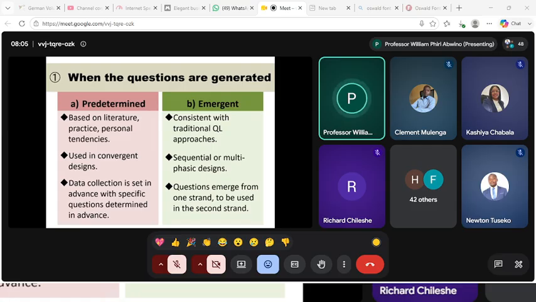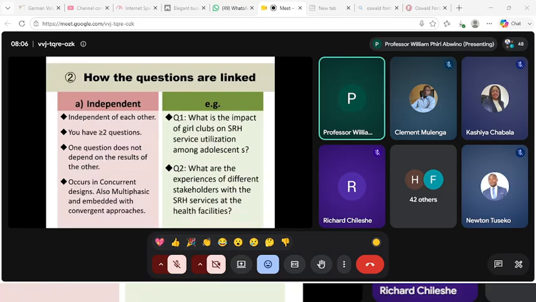This one is consistent with the traditional QL approaches, or sequential, or multi-phased designs, where questions emerge from one strand to be used in the second strand. So that's what basically happens under predetermined and also under emergent.